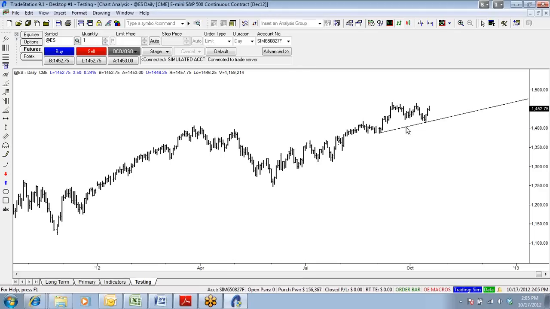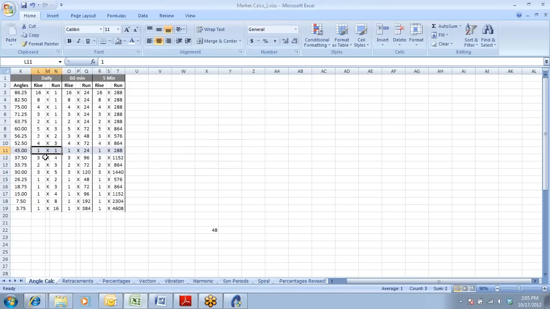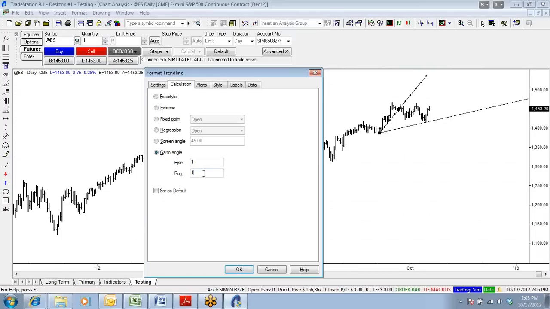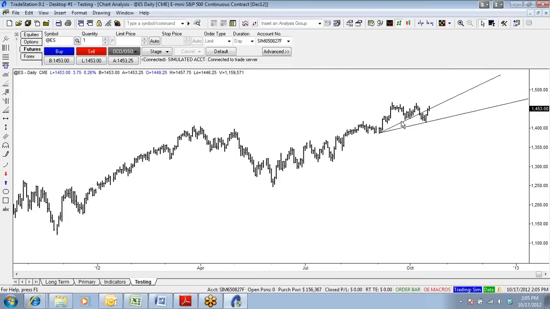I'll then make a copy of that, or I can just redraw a fresh one. It really doesn't matter. Open it up, calculation, Gann. My next angle up, if I go back to my chart, I'm going to skip some of these lesser used ones and go straight up to the 2 by 1, and that gives me my next angle.